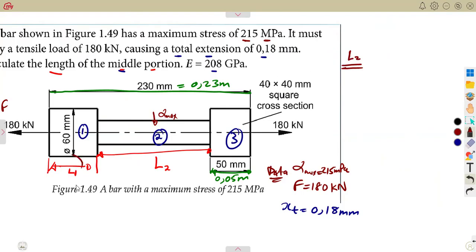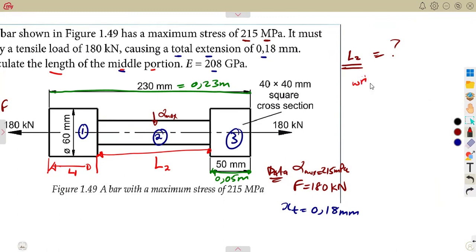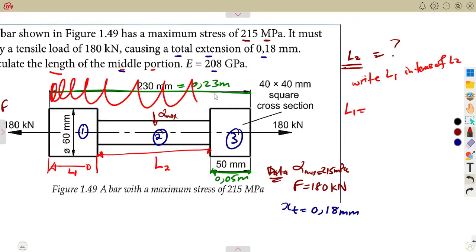So let's remove L1. Is it possible for us to write L1 in terms of L2? Because our answer is supposed to be L2 that we need. In terms of L2, what does it mean? The length of the first section here is going to be equal to what? Remember, we're given, guys, the total length of the whole section.